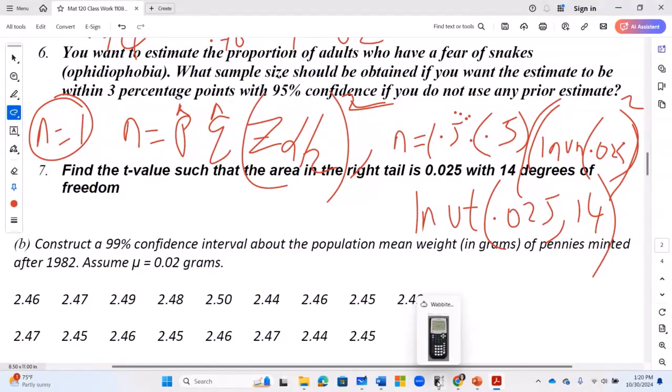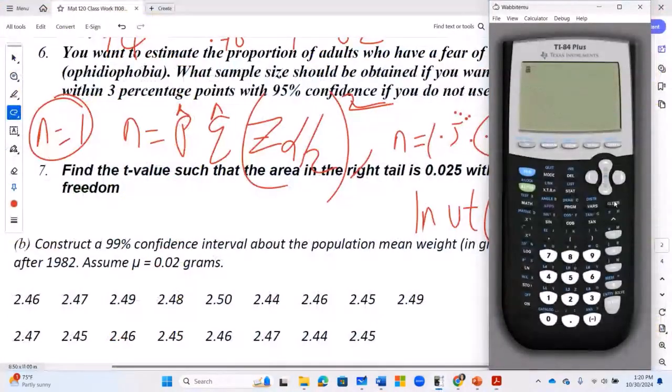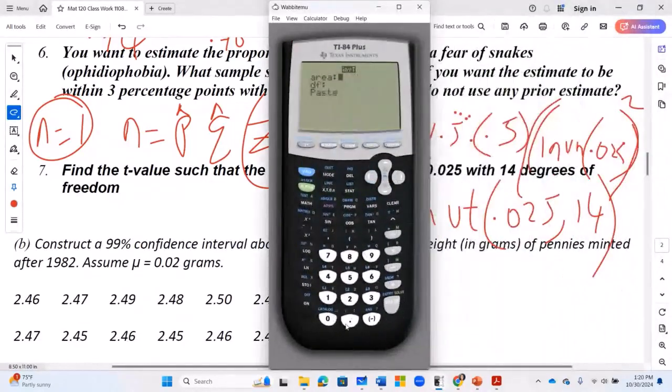I'm going to put my calculator up and clear. I'll go to second, distribution, and I look for inverse t, which is number 4. Area to the left in decimal is 0.025. And I am going to write the degrees of freedom given to me. They have already converted it to degrees of freedom.